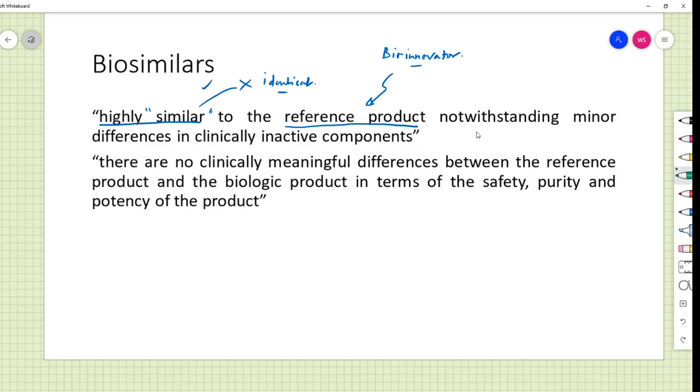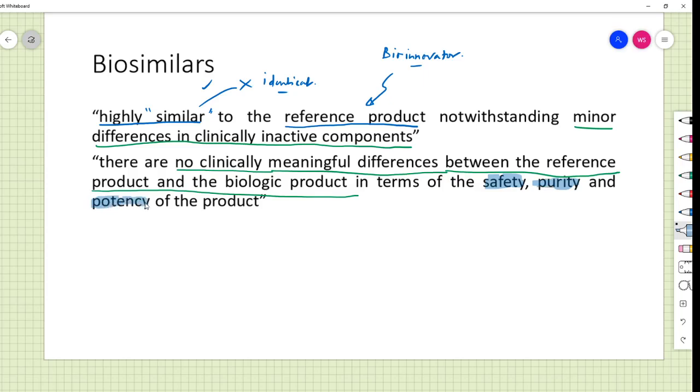Now it says it is accepted that there are minor differences in clinically inactive components. But the thing to remember is there is no clinically meaningful difference between the reference product and the biological product in terms of safety, purity and potency.